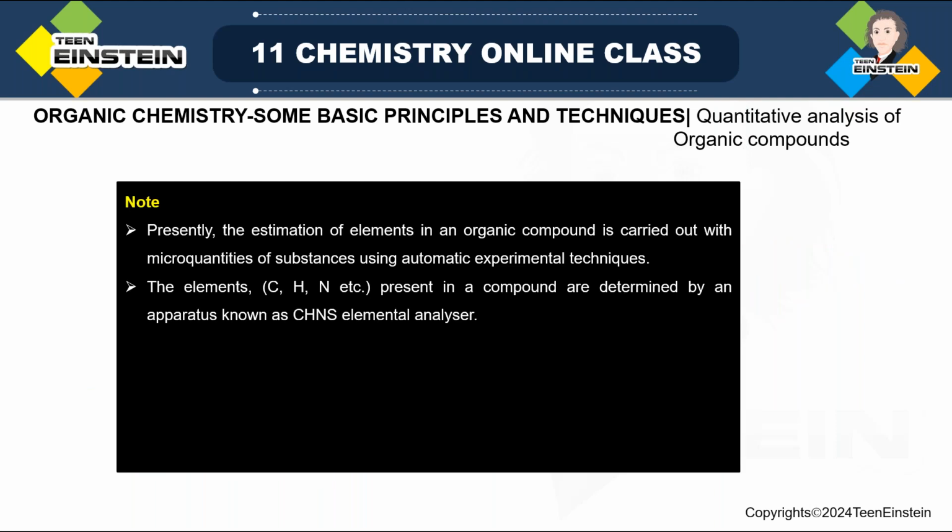Now, though we have seen different methods for quantitative analysis of organic compounds, as a note we have to know some extra information. Though we have seen different methods, Carius method, Dumas method, Kjeldahl's method, presently the estimation of elements in an organic compound is not done in that way, because modern methods are there.